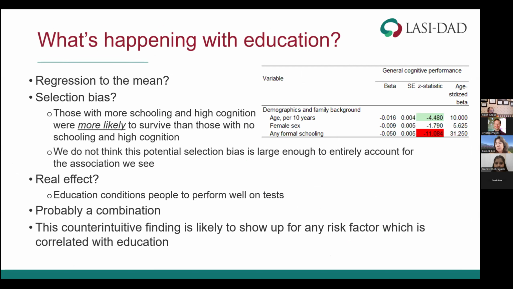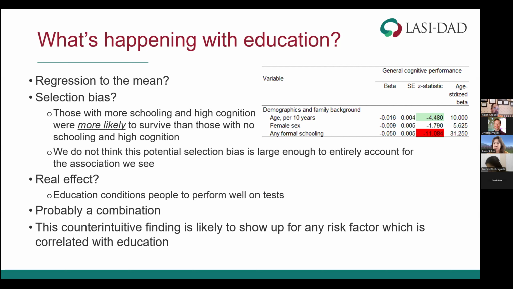There are lots of reasons why we might expect education to not act in a similar way as other predictors of cognitive change. This could involve regression to the mean or a selection bias, in the sense that people with more schooling and higher cognition were more likely to survive than those with no schooling and high cognition. This could be a real effect.